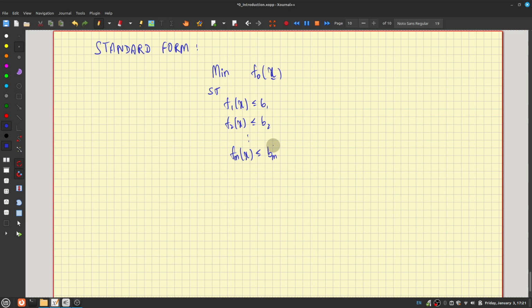So there will be m constraints and a single objective function, and it's always going to be minimized.